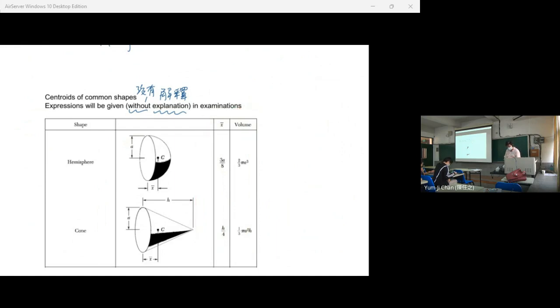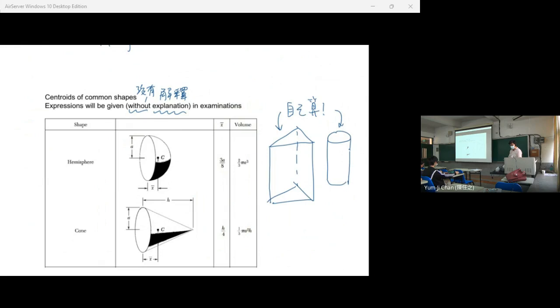But for simple shapes like a cylinder, you know how to calculate this. But for these two shapes, I'll give you the equations, but I will not explain them. It's okay.